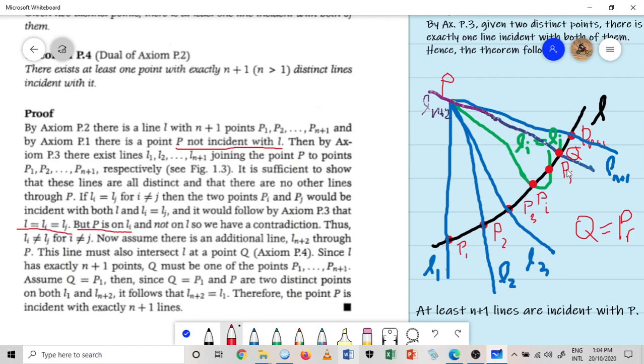Meaning, if this here is line L sub R, then L sub R would be the same as that line L sub N plus 2. Hence, there cannot be more than N plus 1 lines that pass through P. So we therefore say that P is incident with exactly N plus 1 lines. Okay, so that ends the proof for theorem P.4.